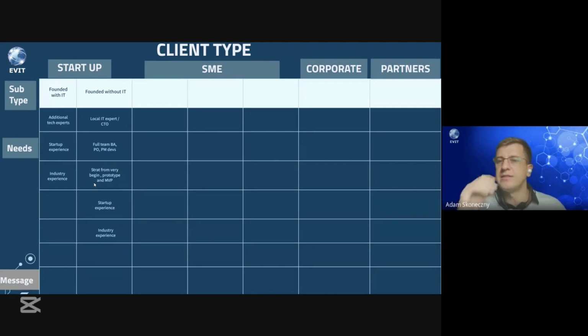For instance, last year, if I remember well, there was a big fund coming from the European Union to Denmark for real estate project development, but for PropTech, property technology. And my client and I ran campaigns to PropTech startups in Denmark. We knew exactly how much money they were getting. They were getting $6,000, and we offered them MVP development, and it was a very, very successful campaign.